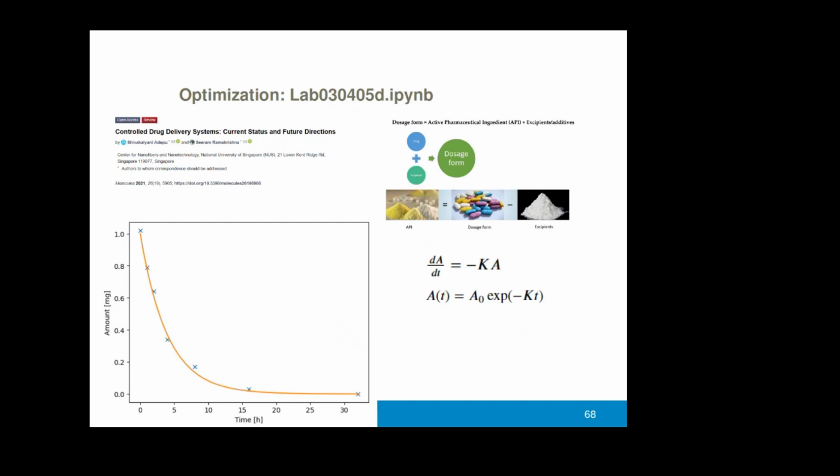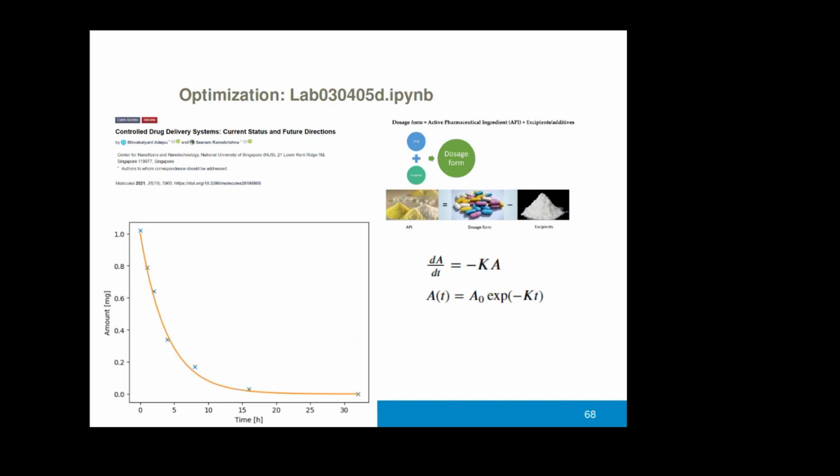Okay, so let's say that we have some observations. These ones actually are when you take a pill, this pill dissolves and it releases the drug that you are taking. So when you take a pill of 1 milligram, how much amount is left changes over time.